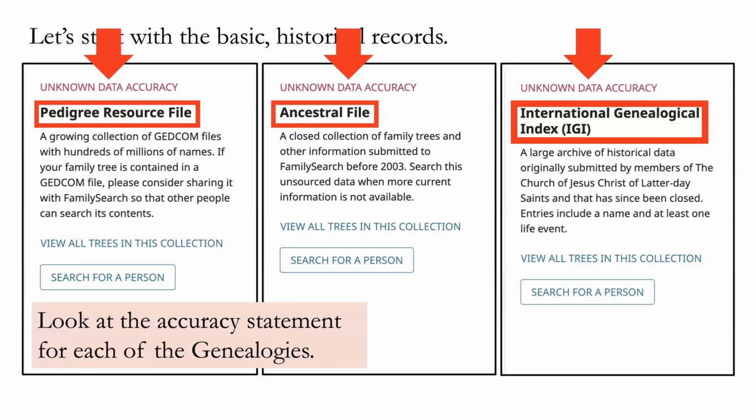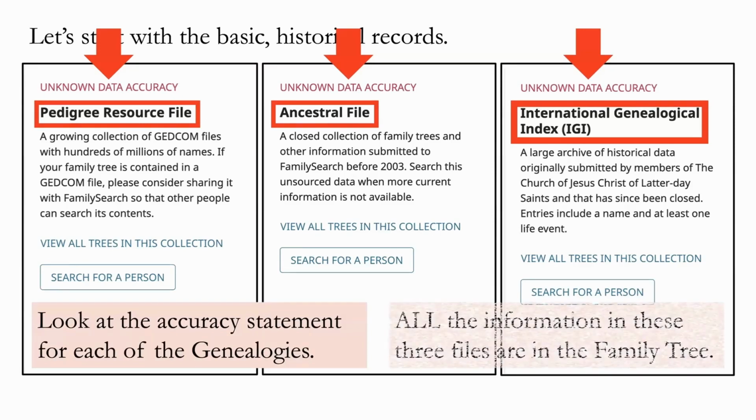And for the pedigree resource file, there's a possibility that there may be more. That's it. So just remember that substantially all the information in these trees is already there. This is not a place to go to do any kind of original research. And in addition to that, because they're either extracted or basically user submitted, the accuracy is not discernible.